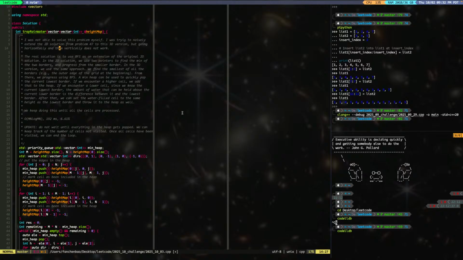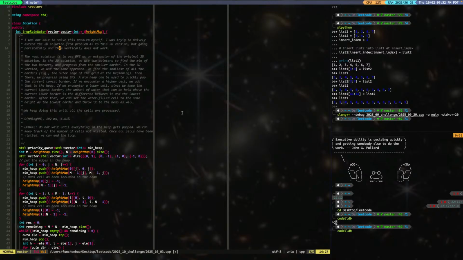So we find the smallest among all the borders, the outer edge of the grid. From there, we progress using BFS. A min heap can be used to quickly pop the current lowest border, right? So from this border, we'll go.